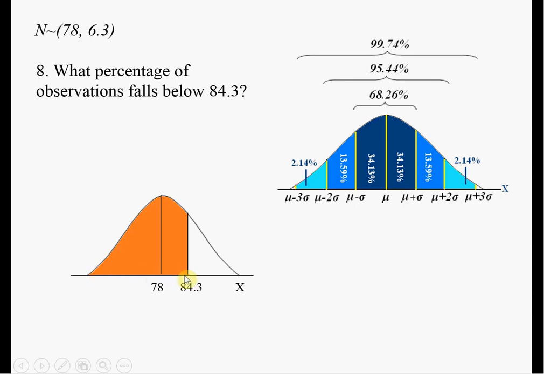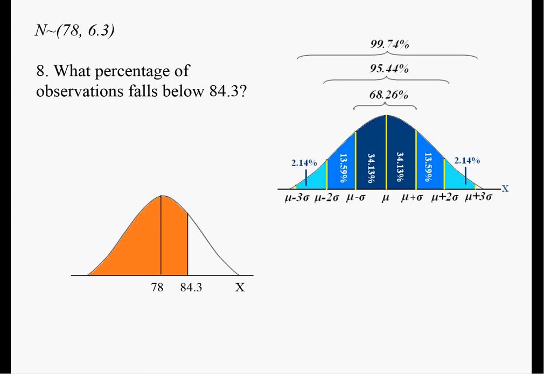This is similar to an earlier question where we needed to find a big corner to the right of 71.7, but now we need the size of this corner to the left of 84.3. It's similar to an earlier question, but in the opposite direction.